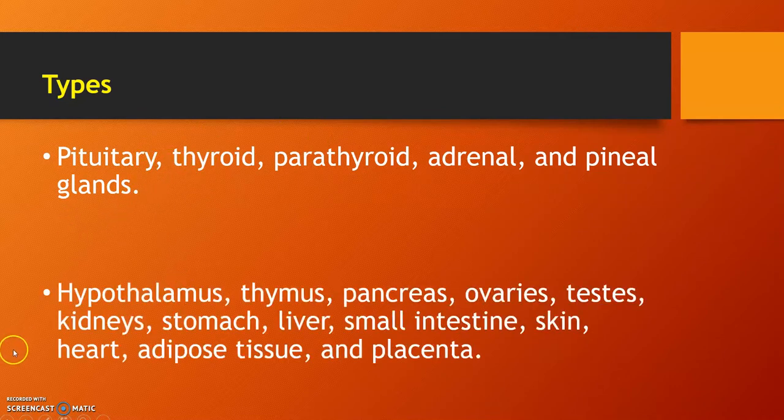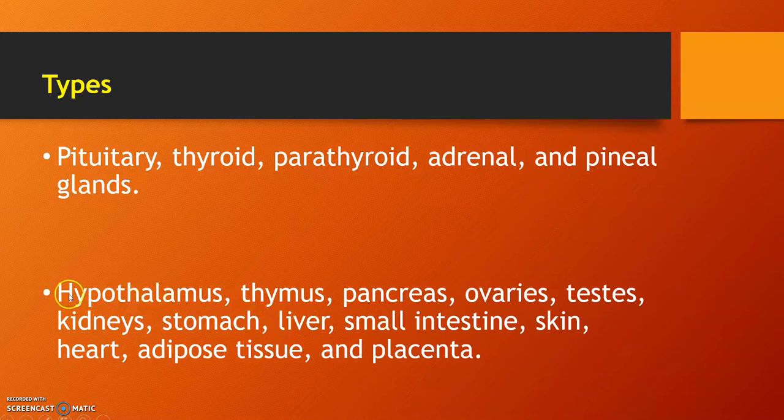And apart from this, we also have some other organs like hypothalamus, thymus, pancreas, ovaries, testes, kidneys, stomach, liver, small intestine, skin, heart, adipose tissue and placenta, which also have an endocrine function to play, but these are not exclusive endocrine glands or endocrine organs.